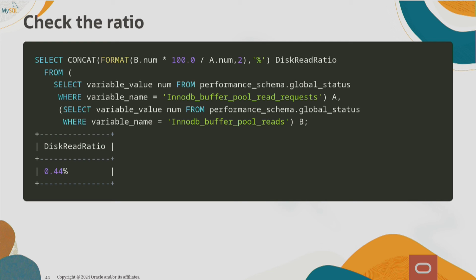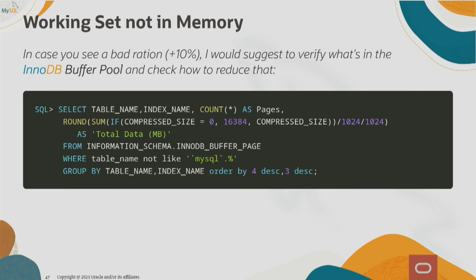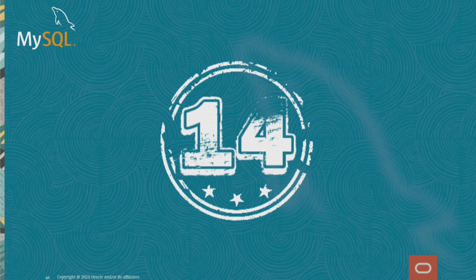If the ratio is 10%, you have a performance issue and you should try to reduce the working set. How to reduce it? Remove unused indexes or increase the buffer pool and stuff like that. So this is how you can get that information. And this query shows you how much data and which tables are in the InnoDB buffer pool.